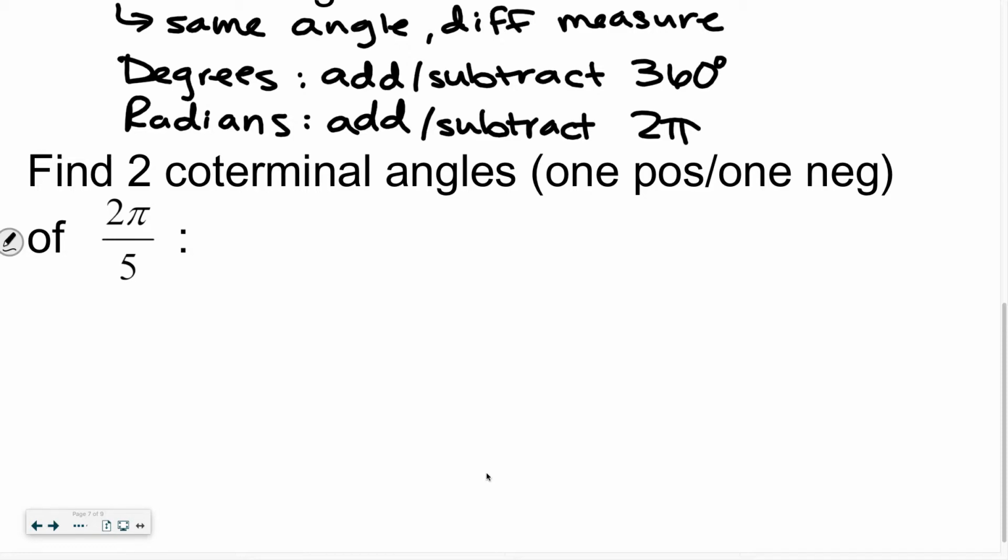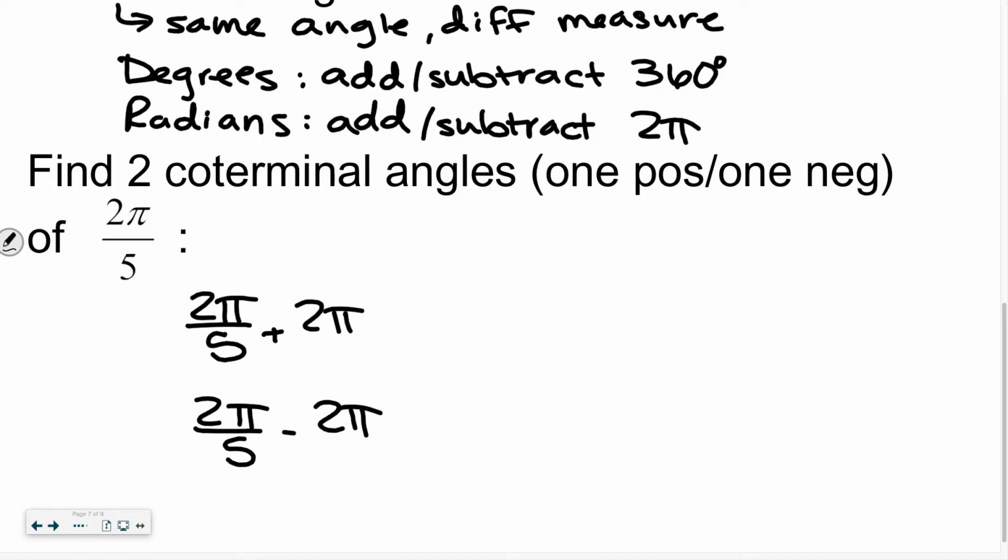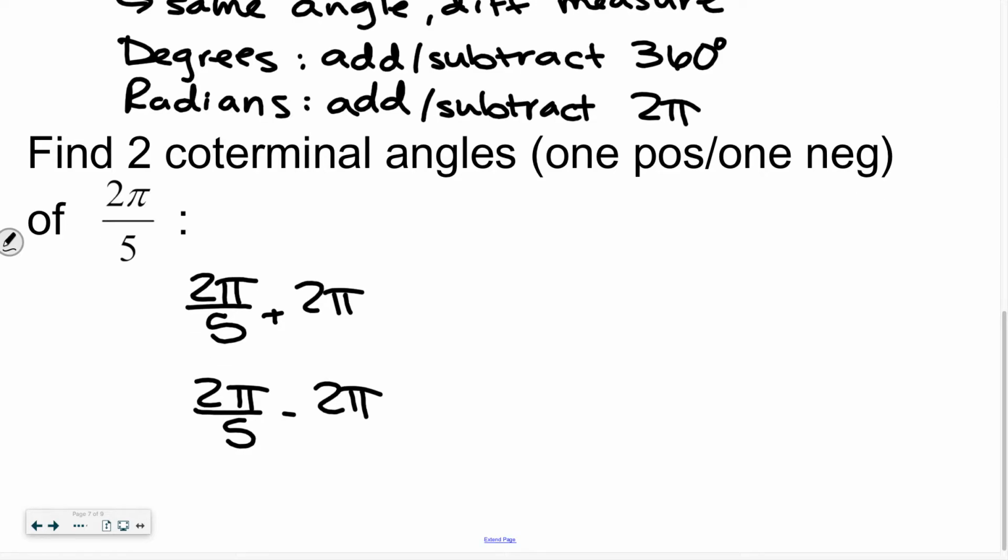But on this one, it's just 2 pi over 5, so I'll do 2 pi over 5 plus 2 pi, and I'll do 2 pi over 5 minus 2 pi. Be really careful on this. That 2 pi is really like 2 pi over 1.